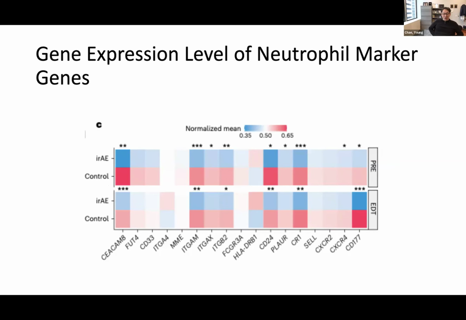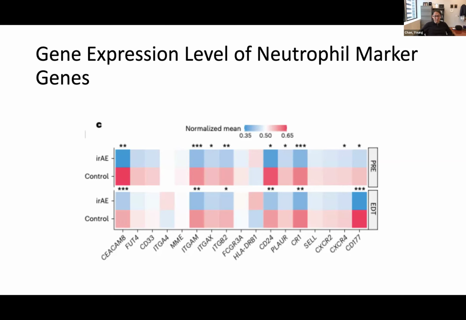So these genes are neutrophil markers, and some are opposite, but a majority would show low neutrophil marker. And these gene expressions are done from the blood or tissue?